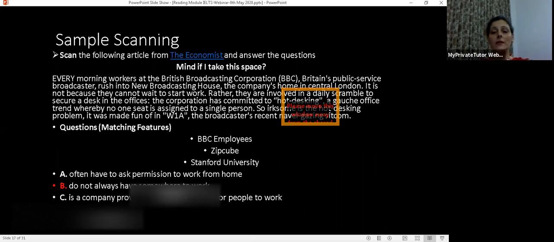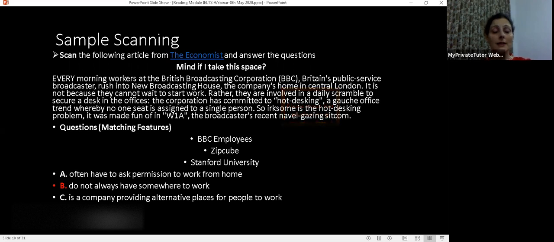A sample of scanning, the question might come of the scanning, and how you're going to do that is one of the paragraphs of the newspaper is over there, and you have to choose the best option of it. The topic is mind if I take this space. Okay, you just have to read. You're getting the idea what the passage is going to tell you about.